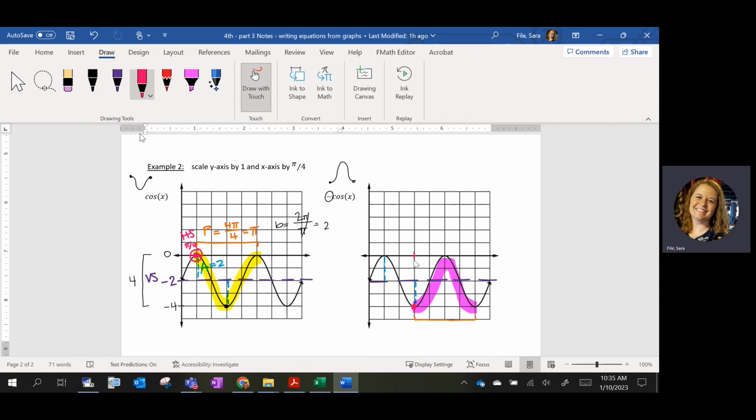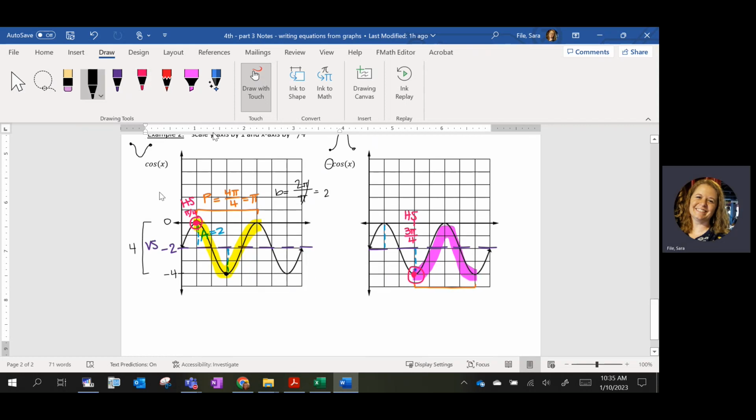What's the x value here? It's 3 squares over, so it's 3 pi fourths. So that's the horizontal shift for this one. That's the only thing that's different, the horizontal shift.